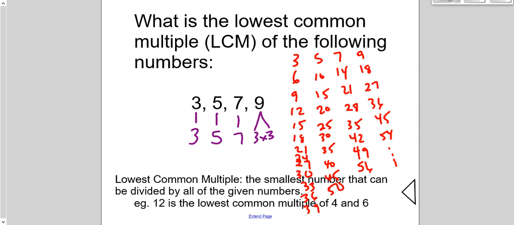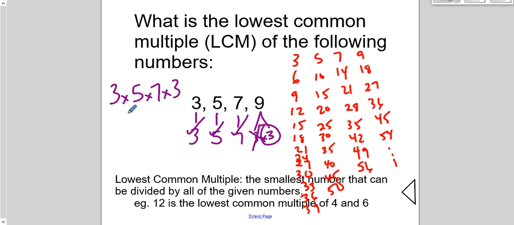So I include 3, so I use this number, and I include 5, I use this number. I include 7, I use this number. And then I've already included a 3, so I can cancel 1 out because I've already used it. But then I have this other 3, I have to use it again.